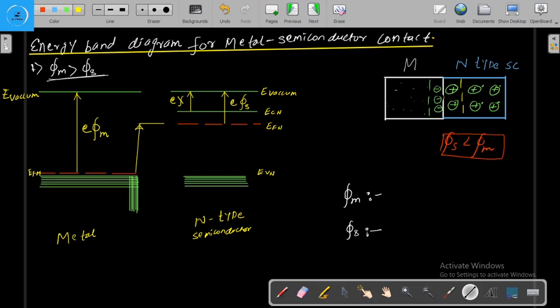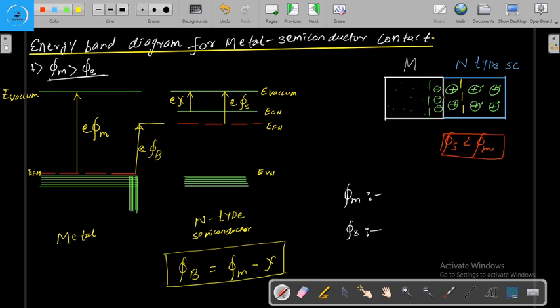The difference between these energy levels is known as E phi b, and this phi b is nothing but phi m minus eta.